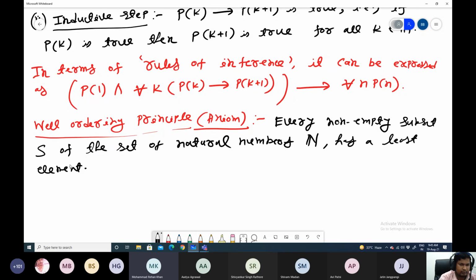It is not a supremum or infimum. It is a least element, and obviously it does not have any supremum. For example, if you take 2, 3, 4, 5, 6 and goes on, it is also a non-empty subset, starting from 2 and going up to infinity, but it does not have a supremum.